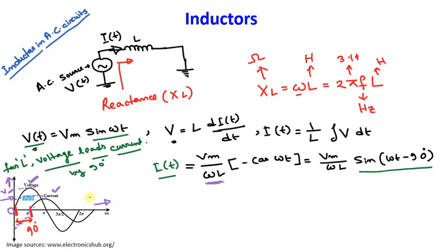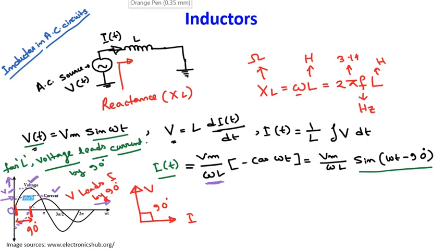And from this waveform, it is also clear that the voltage leads the current. Now, the same thing can also be represented in terms of a phasor diagram, right? So, if we represent I here like this, then V will be shown like this, and the phase difference between V and I should be 90 degree, and V should lead the current.